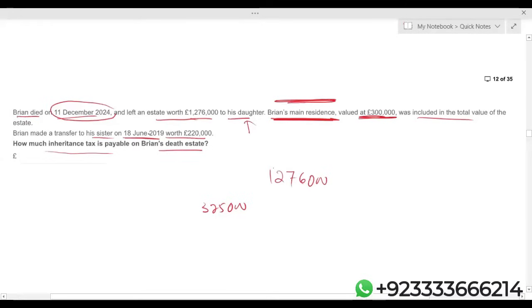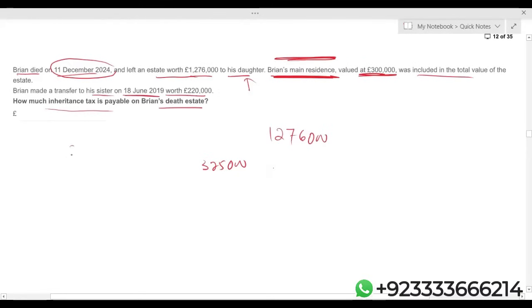But since Brian died within 7 years of making the transfer to his sister, this amount actually becomes chargeable on death, which means that during lifetime, we know that 220 minus annual exempt amount of the current year and the previous year, so 220 minus 6, just a minute, 2,14,000.